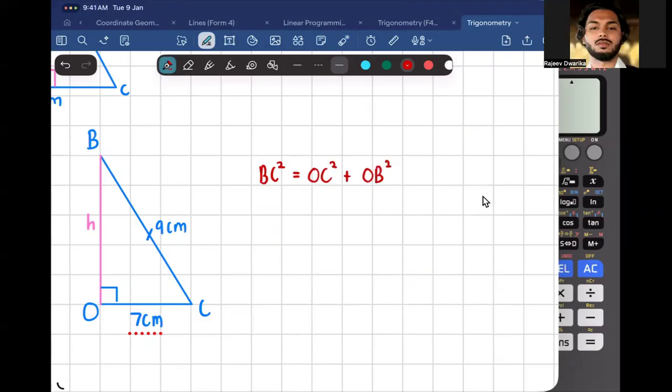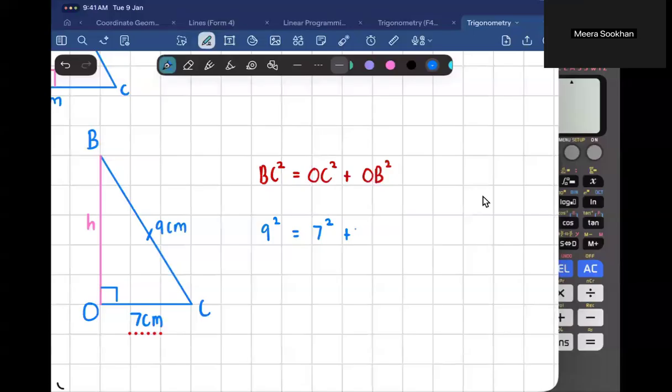Right. BC is 9, so I'm gonna say 9 squared. OC is 7, so I'm gonna say 7 squared. And OB is what? What are we saying OB is? OB is H. Calling that H.